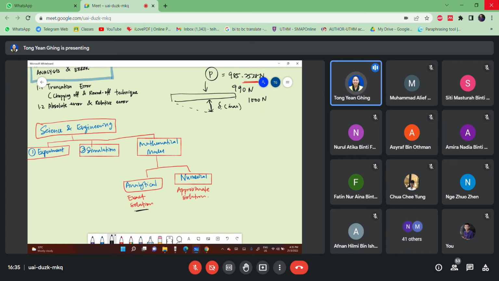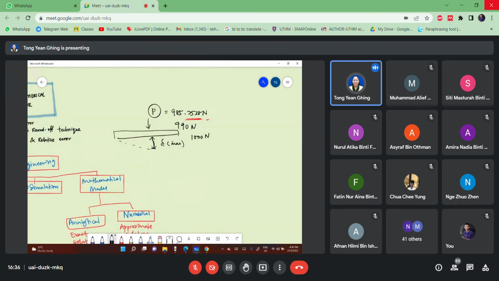If we go back to this example, let's say this is the exact solution, and then we use this one as an approximation. You see, there must be some error here. For example, if you take 990 Newton minus 985.2538, there must be some value that we did not include.